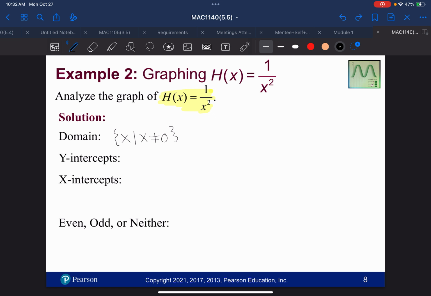Now the y-intercept, remember we find by plugging 0 in for x? Well, I can't plug 0 in for x because it's not in my domain. So therefore, there are no y-intercepts.